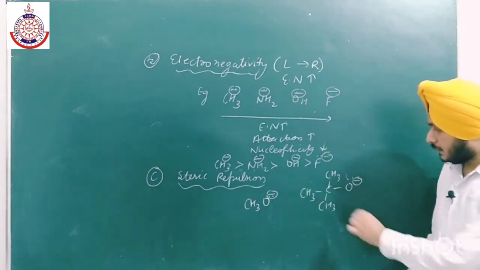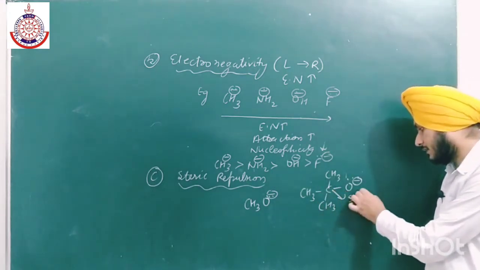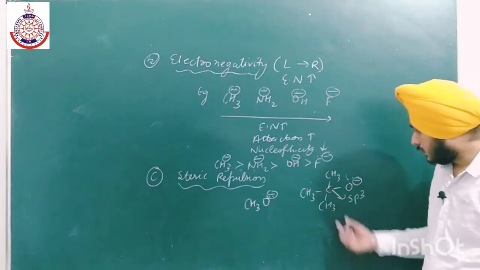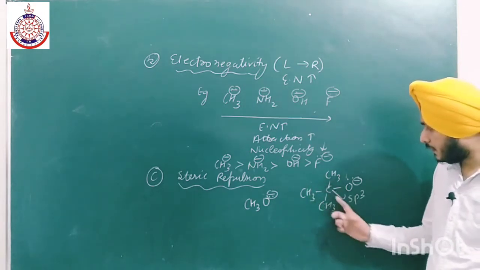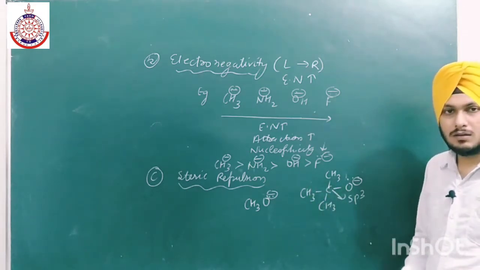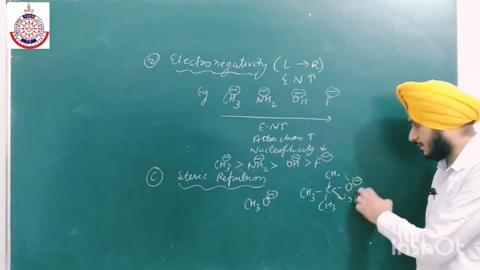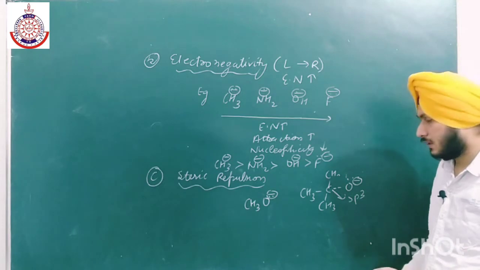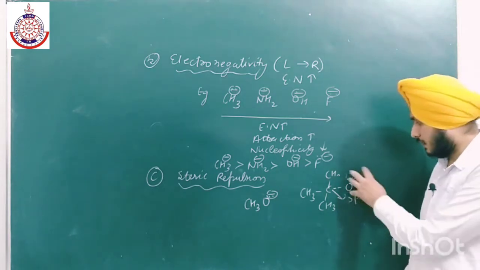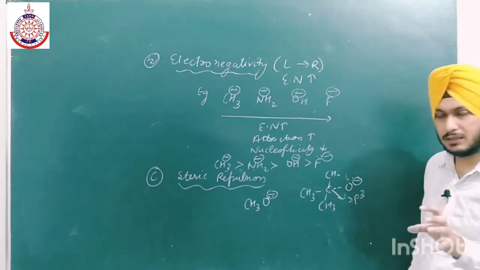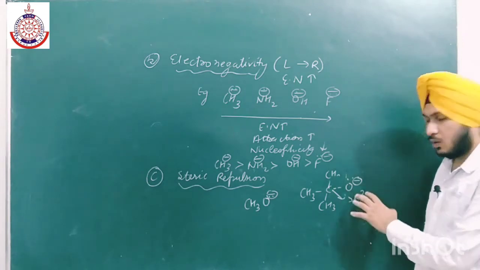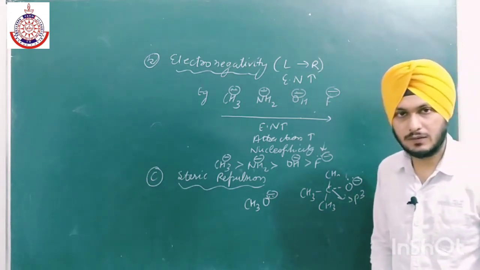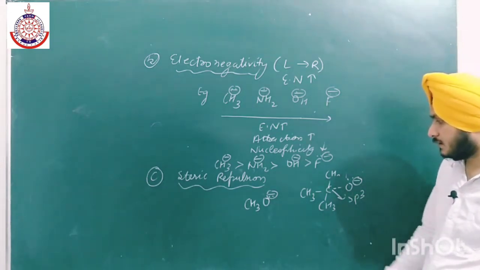This carbon is sp3 hybridized and the structure is tetrahedral. These three methyl groups are surrounding the oxygen atom, and it is quite tough for the oxygen atom to donate its lone pair of electrons to any electron deficient species.